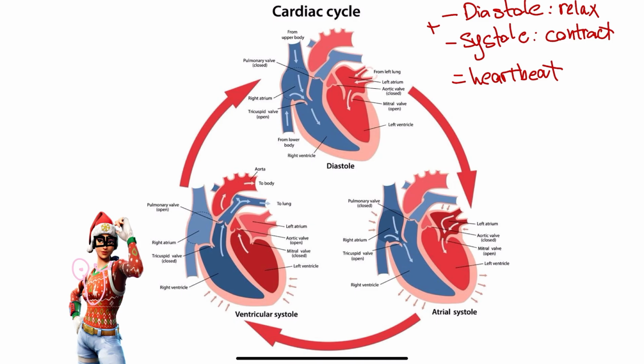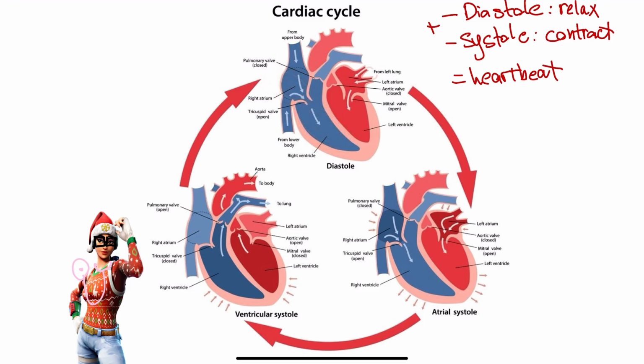So let's start with part one. Part one is going to be our atrial and ventricular diastole. Do we remember what diastole means? It means relaxing. So that means that our atrium and ventricles are relaxed.